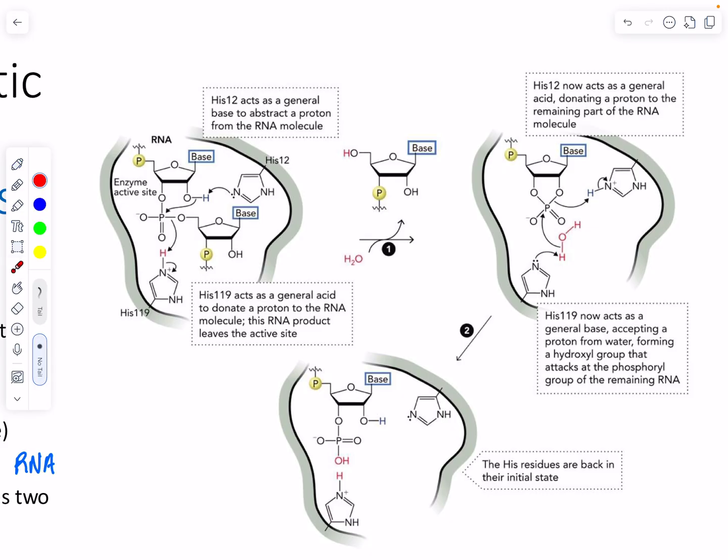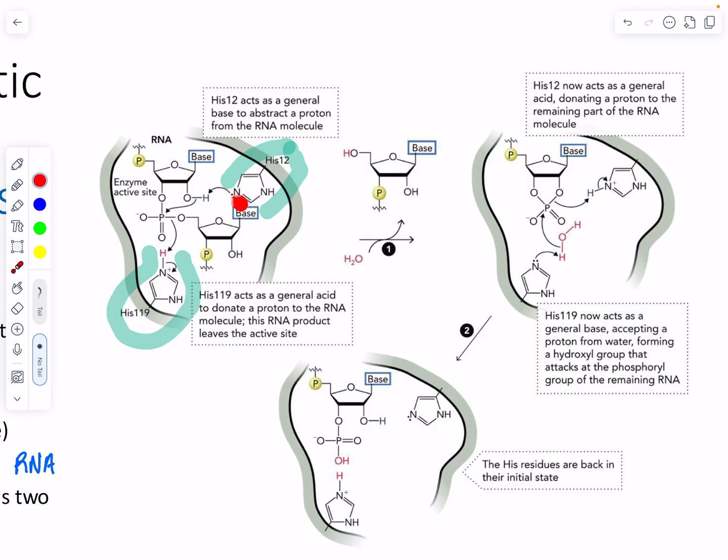All right, so here we go. So we have our two histidine residues that act in this mechanism. So we've got one here, and then we've got our second histidine here. So those are our histidine residues. And let's look at what histidine 12 does first.